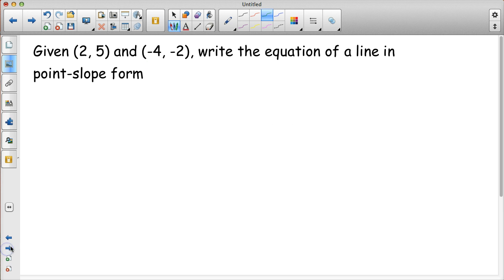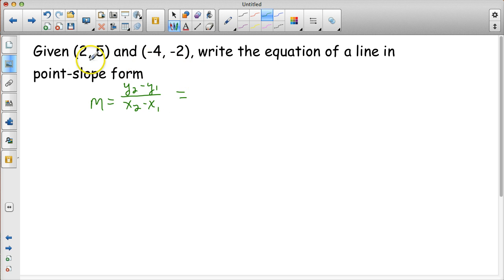What if, however, we're given 2 points? Then what do we do? Well, first we have to find the slope. Remember that the slope is the change in y over the change in x, or y2 minus y1 over x2 minus x1. And so we can find that by substituting the given points.